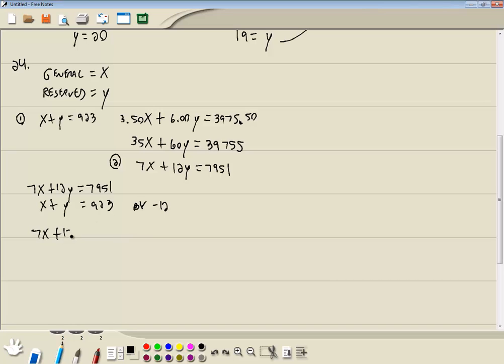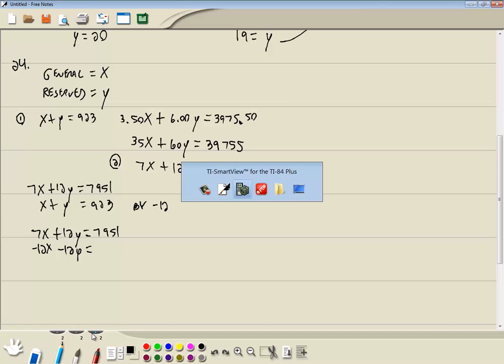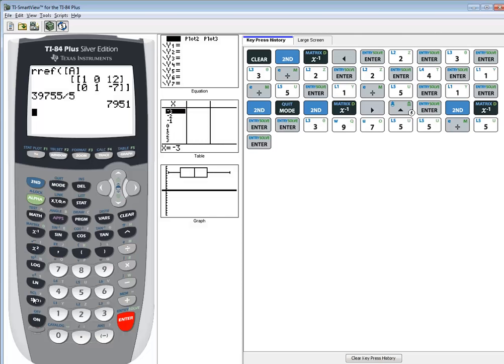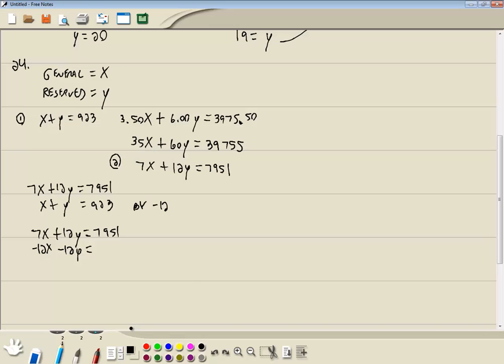So I got 7x plus 12y is equal to 7,951. Negative 12 times x is negative 12x. Negative 12 times y is negative 12y. And negative 12 times 923 gives us negative 11,076.